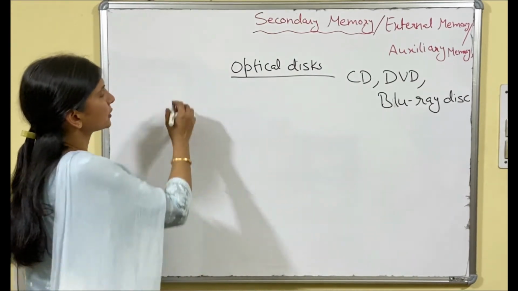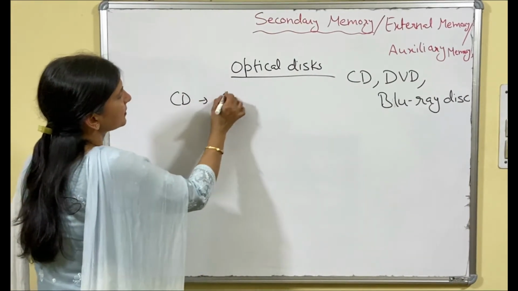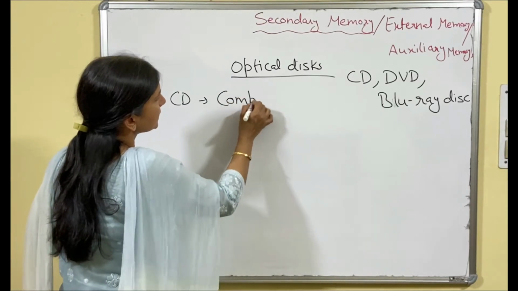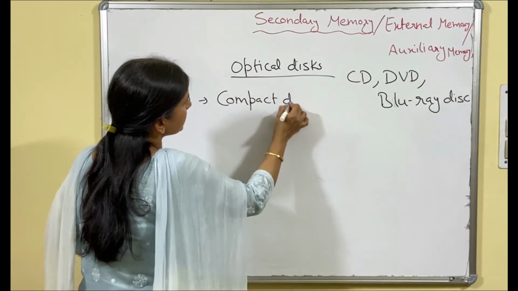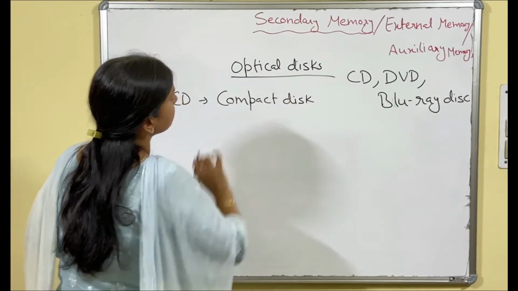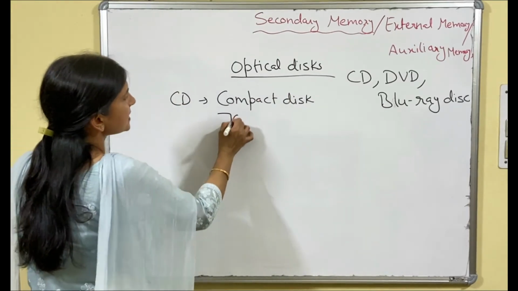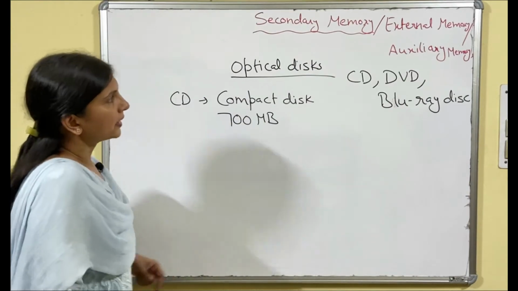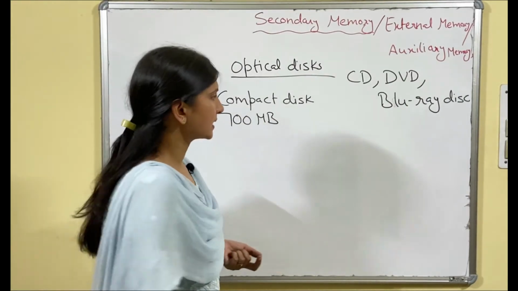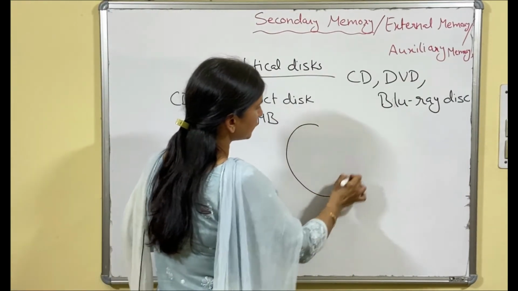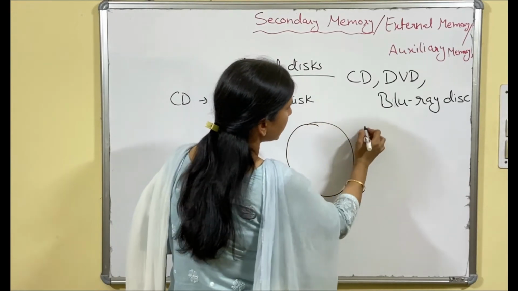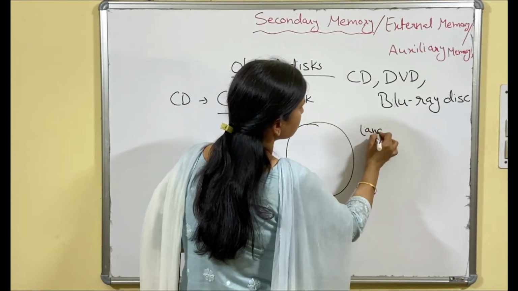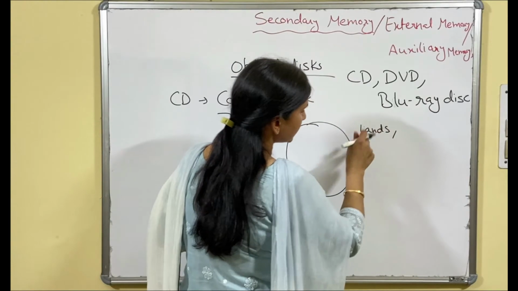Now first we will talk about CD. Full form is compact disc. Capacity 700 MB. In all types of disk, data stores in the form of lands and pits. These are circular in shape.